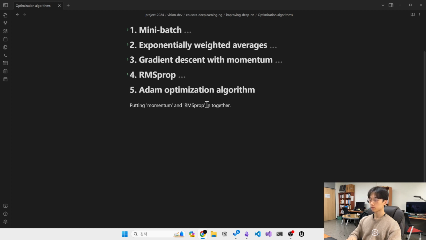And then you do the RMSprop-like update as well. So now you have a different hyperparameter beta 2, plus 1 minus beta 2 times dW squared. Again, the squaring there is element-wise squaring of your derivatives dW. And then SdB is equal to this plus 1 minus beta 2 times dB squared.